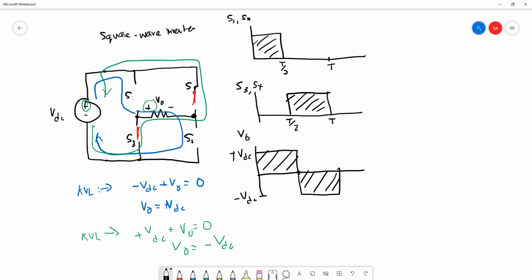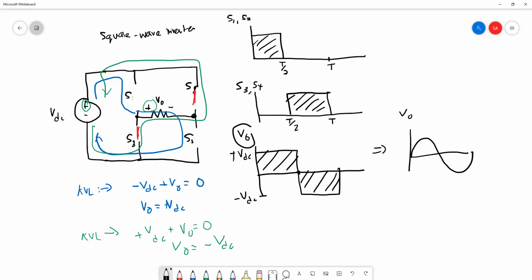But this is not a pure AC voltage, because usually when we want to connect to the load, we need to make sure that the output voltage is a pure sinusoid. So how do we obtain this?